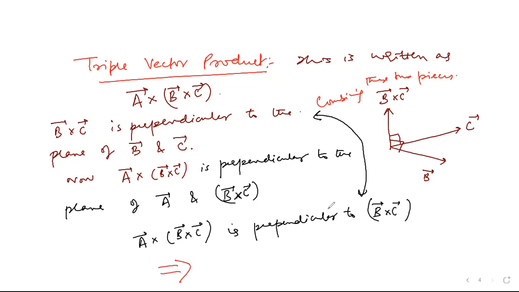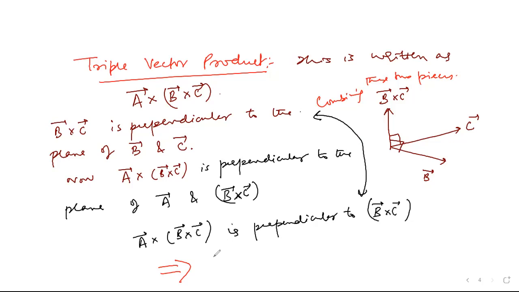Conclusion from combining these two pieces is A cross B cross C is some vector in the plane of B and C. Why so? Because it has to remain perpendicular to B cross C, and B cross C is perpendicular to the plane of B and C. So A cross B cross C must lie in the plane in order to remain perpendicular to B cross C.